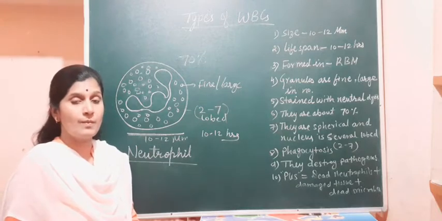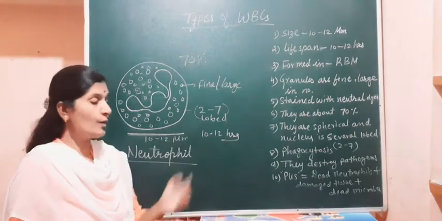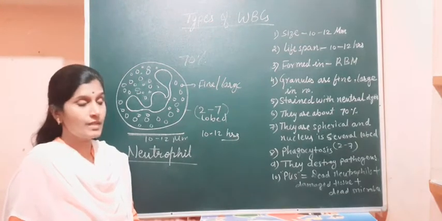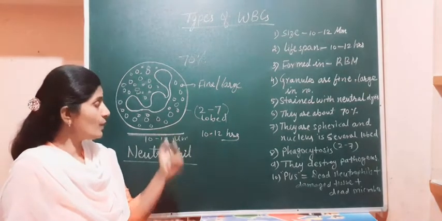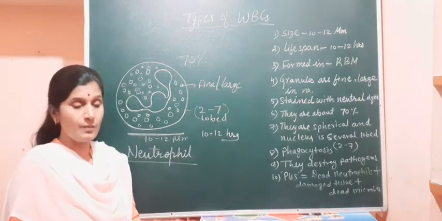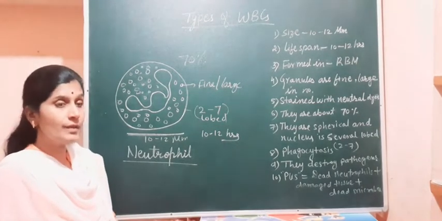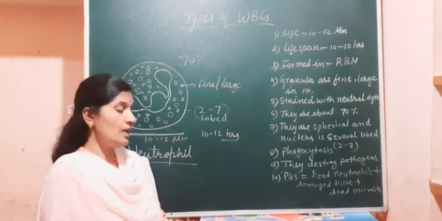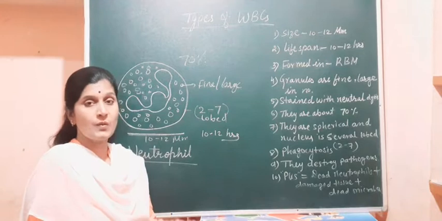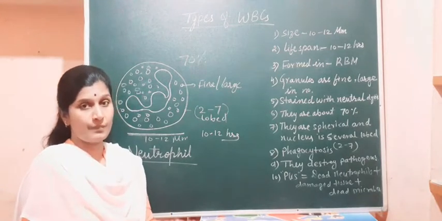Sometimes some neutrophils sacrifice their life. They can die there. When they die at that injured place, near the wound, pus formation occurs. Pus in the sense a white liquid is formed.